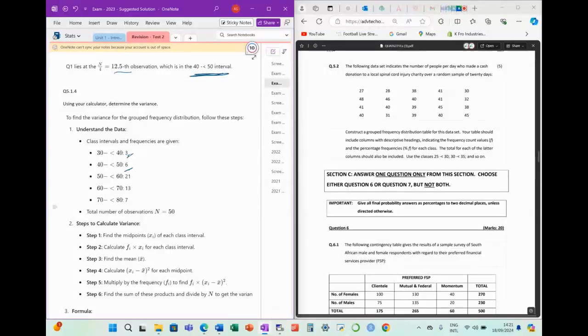So what percentage of all our data is in which class? Then the total for each of the latter columns should also be included. Use classes 25 to 30, 30 to 35, and so on. So here you can see we've already put together our classes.